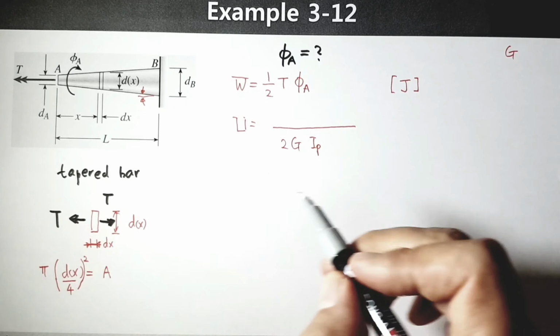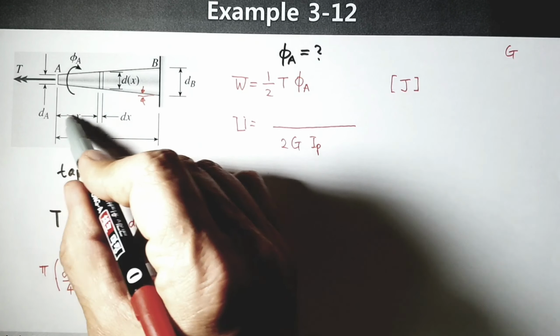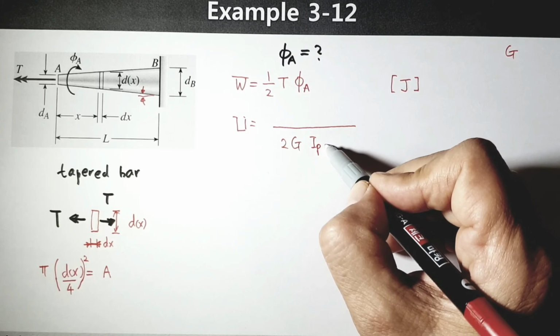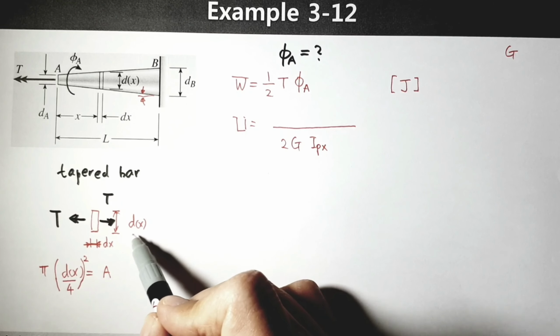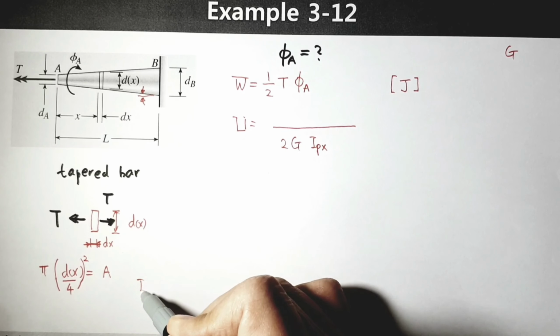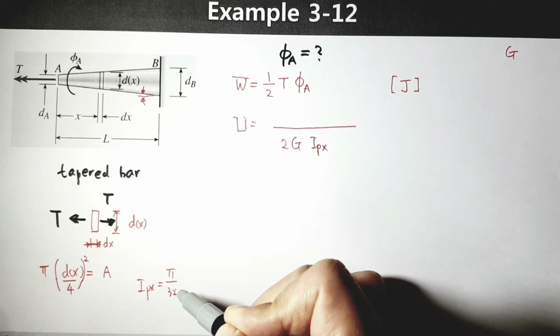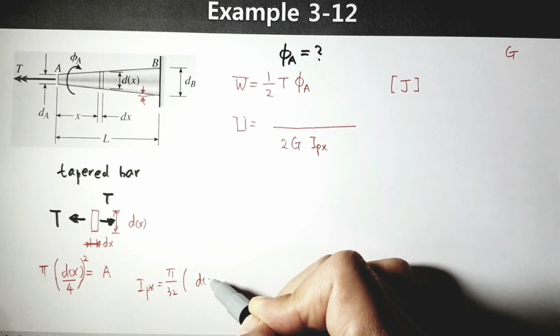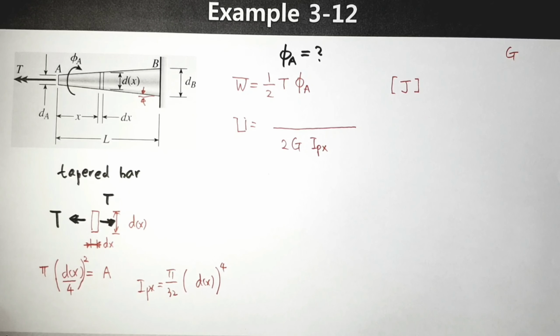When we think of this location as x, let's say IPx, because it's changing. IPx equals pi over 32 times diameter dx to the fourth. In GIP, dx is changed.